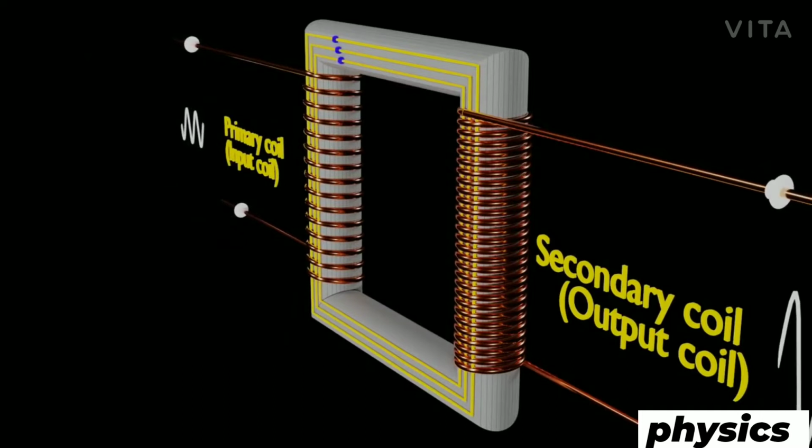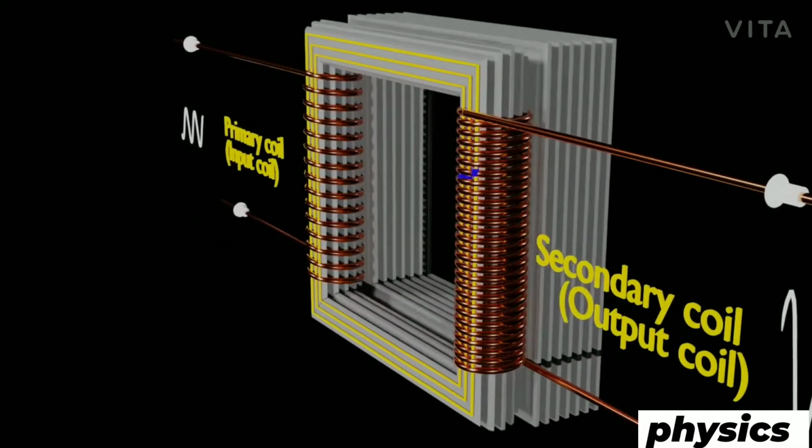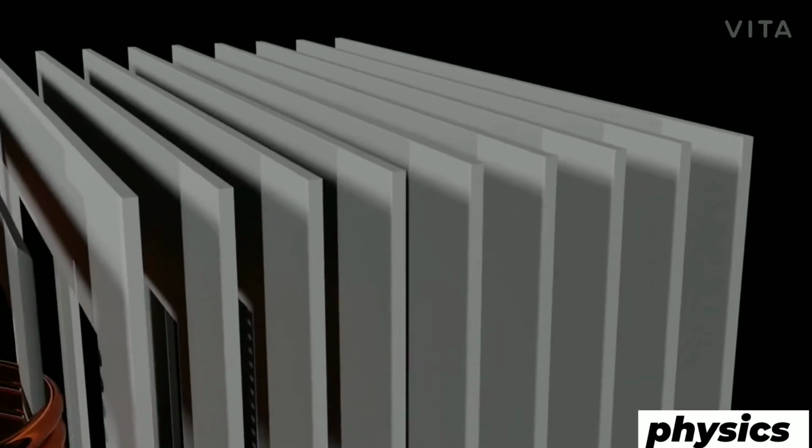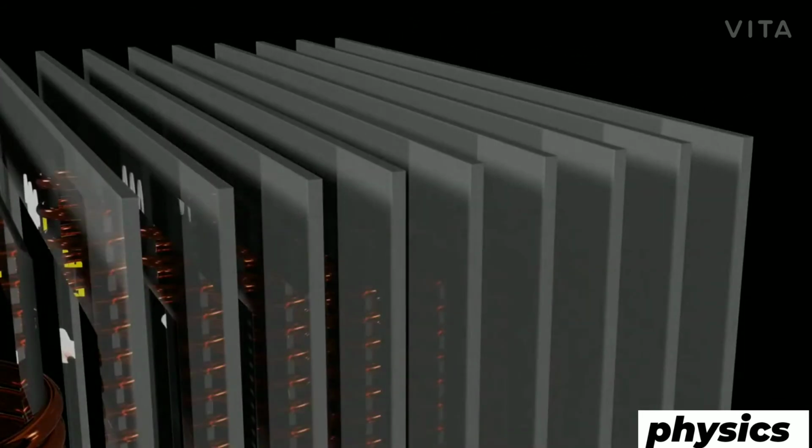Transformer cores are usually made up of thin metal sheets stacked in layers. The layers are laminated with varnish or other insulating material.